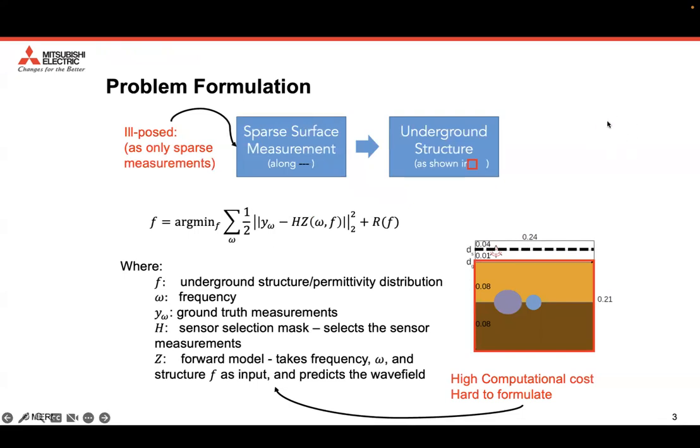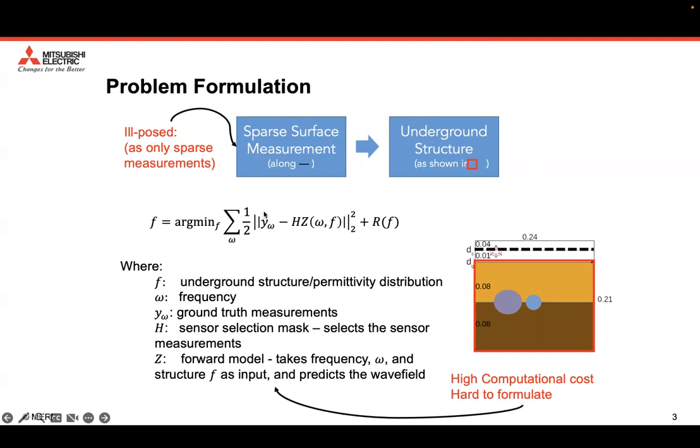The general problem formulation is to assume that the received measurements are denoted by the vector y, and these are collected at the surface of the scene. From the measurements y, we want to infer an image of the subsurface, which is similar to what we see inside the red box.